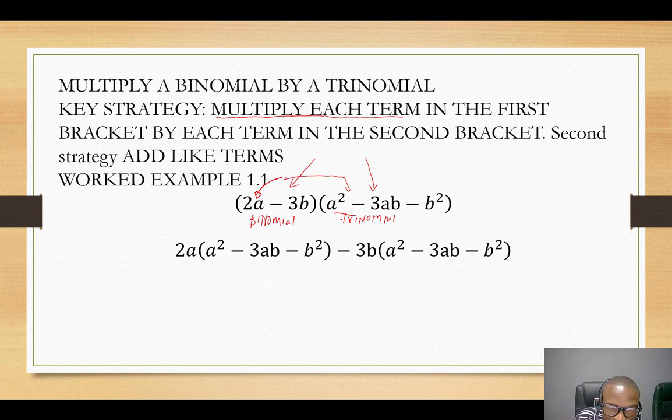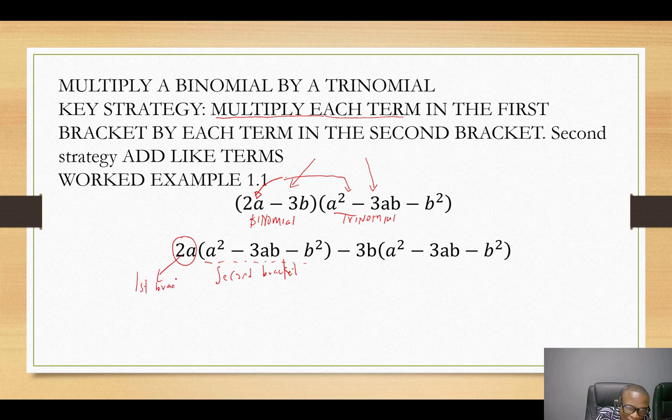So that is why I wrote 2a here. You can see I wrote 2a. Then I'm saying this 2a, I'm going to multiply it with every term in the second bracket. Remember, this comes from your second bracket. This a squared minus 3ab minus b squared comes from the second bracket. And 2a comes from the first bracket.